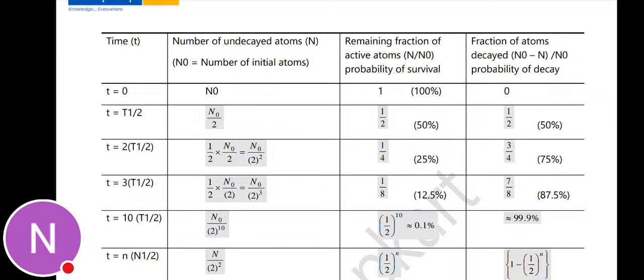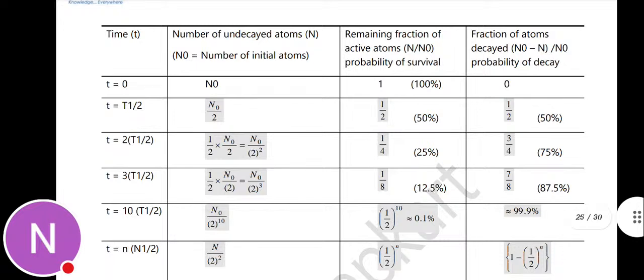So, time, number of undecayed atoms, remaining fraction of active atoms, fraction of atoms decayed N naught minus N, probability of decay. For t is equal to 0, there will be only N naught initial atoms.